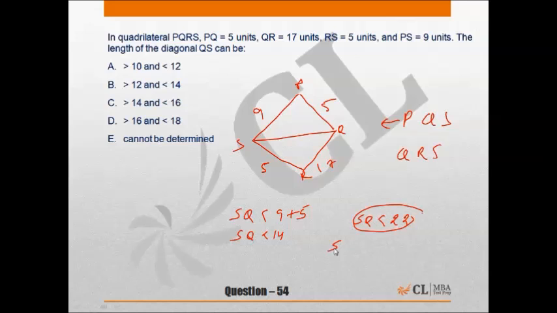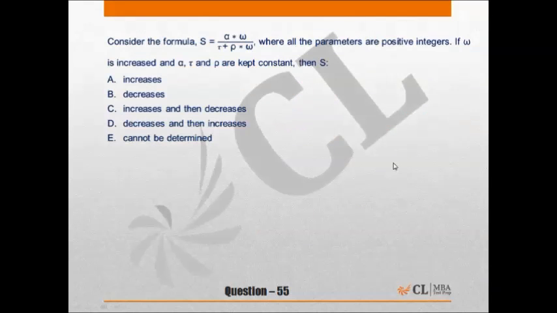From here we get SQ greater than 17 minus 5, so SQ is greater than 12. So SQ lies between 12 and 14 excluding both. Fine. So option B depicts this range. Therefore it is the correct answer.